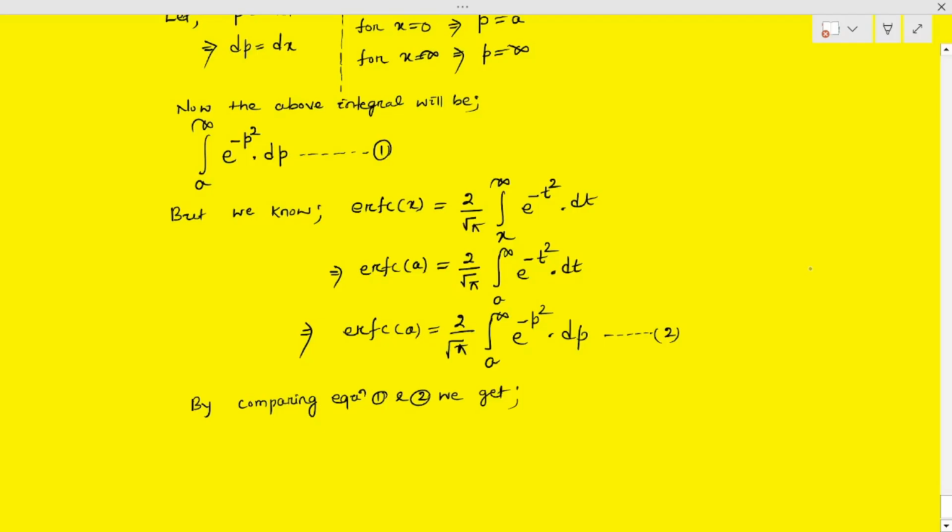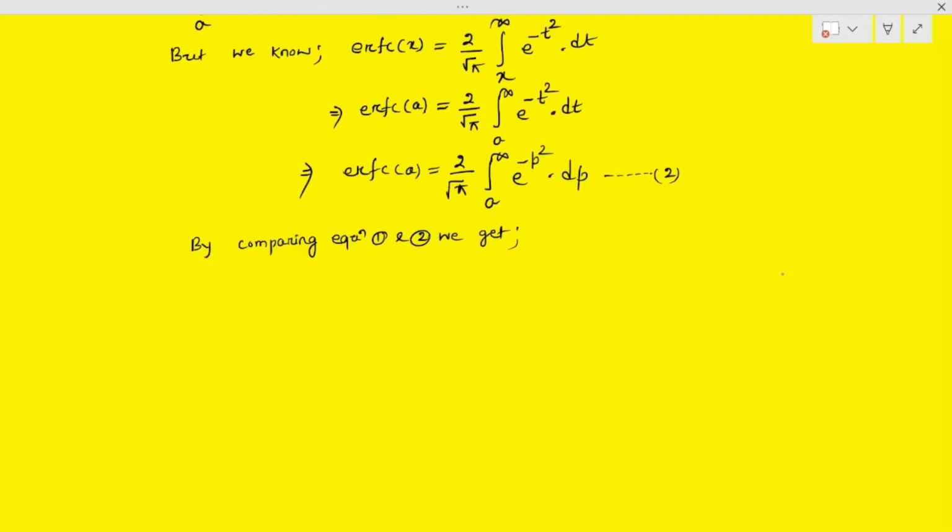Root pi by 2 into the complementary error function of a. That implies, what we found by comparing equations 1 and 2, the integral from a to infinity of e to the power minus p square dp is equal to root pi by 2 into the complementary error function of a.